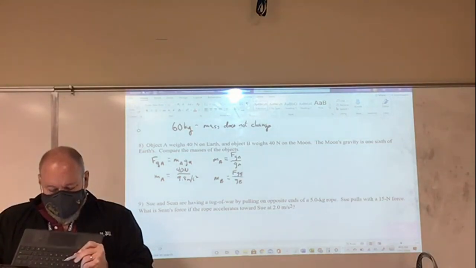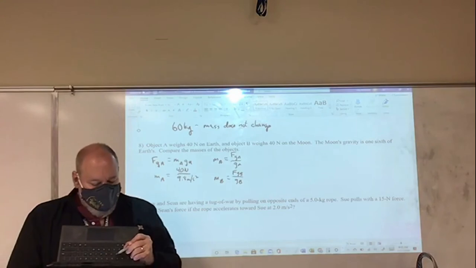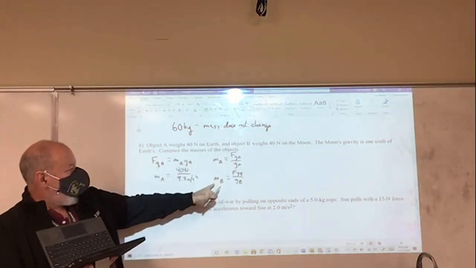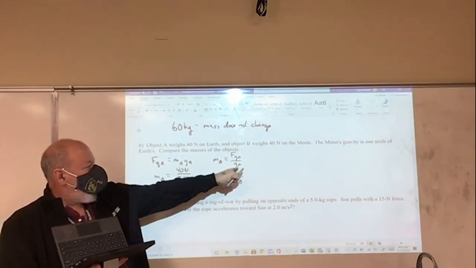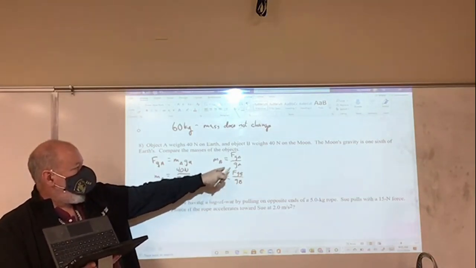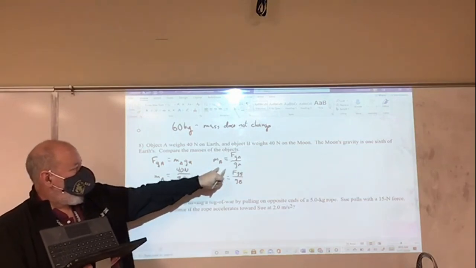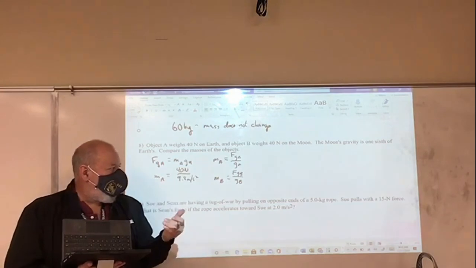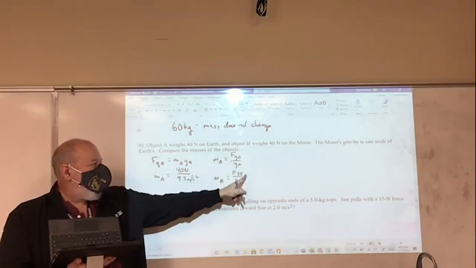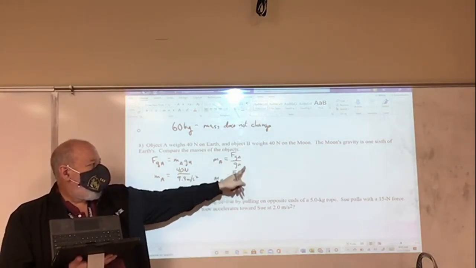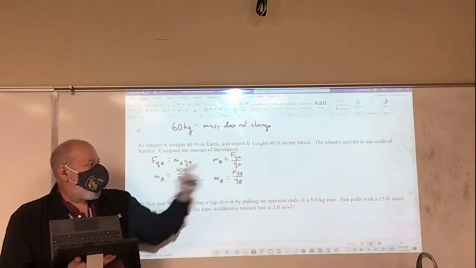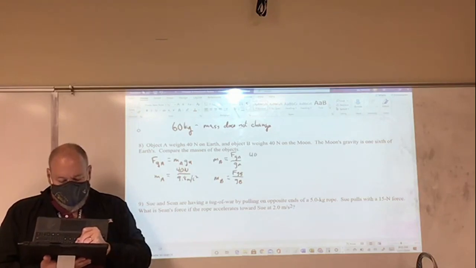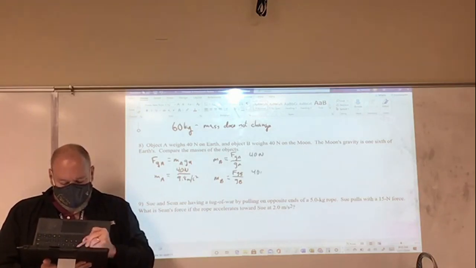And you could recognize that what they're asking for here is to compare the masses. So one way that I could compare the masses is by dividing them. I could say mass A over mass B. That's one way of comparing them. What do I know about the force due to gravity of each of these things? It's the same, right? 40 newtons and 40 newtons.